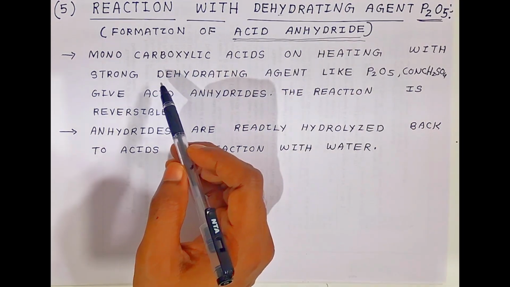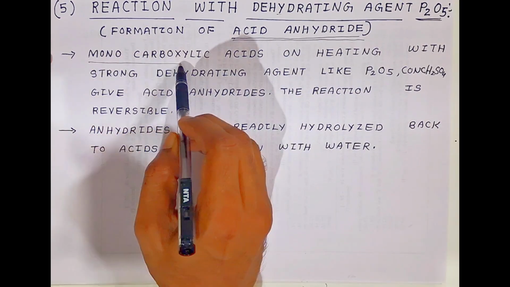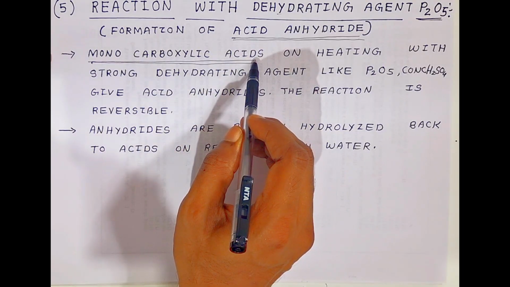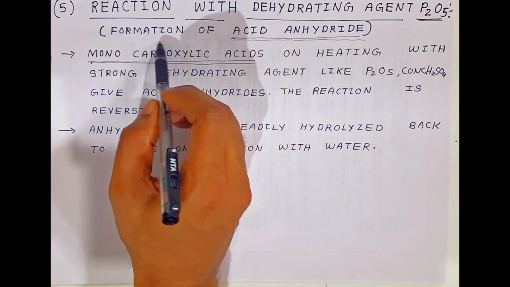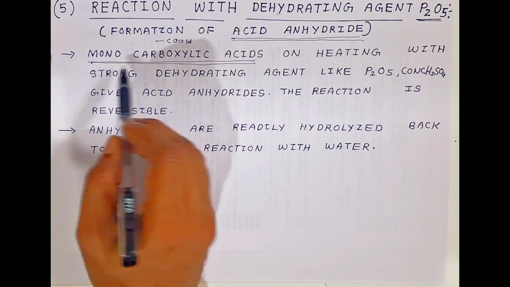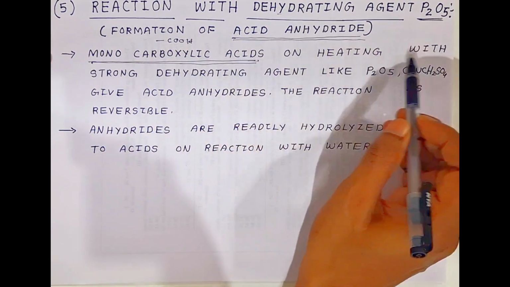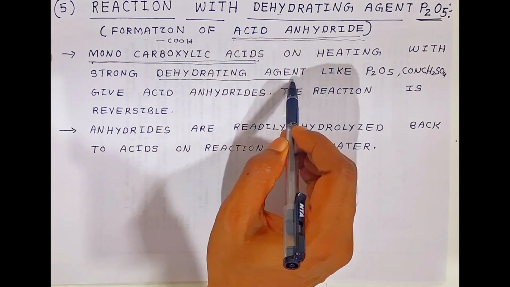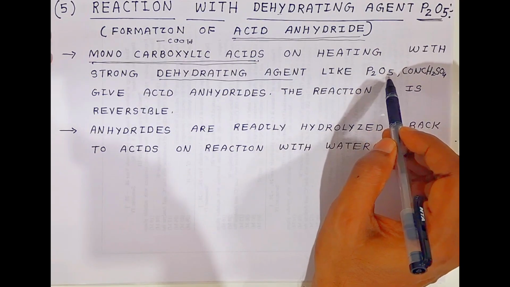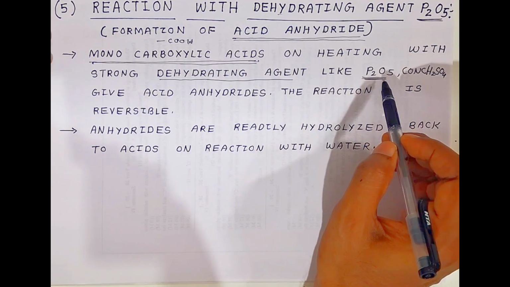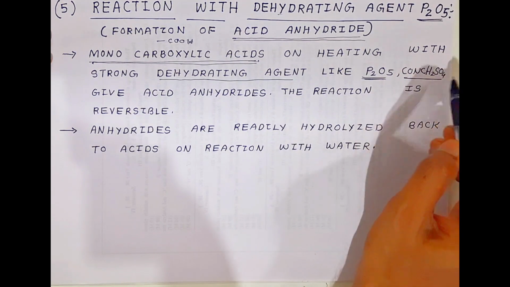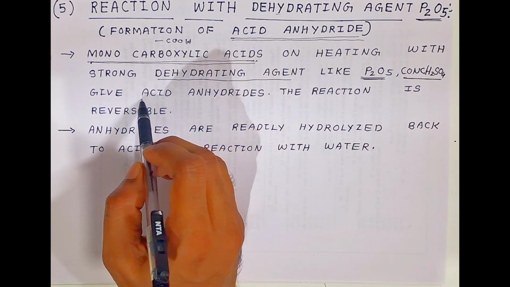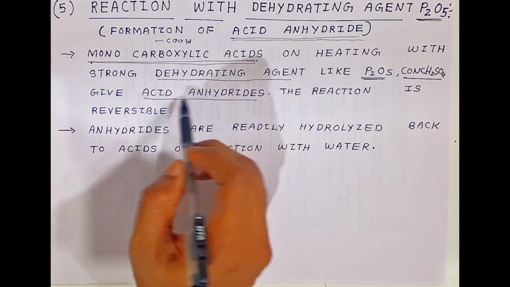Now, monocarboxylic acid, which contains only one acidic group, is called monocarboxylic acid. On heating with a strong dehydrating agent, phosphorus pentoxide being very important, or if you don't have phosphorus pentoxide, you can also use concentrated sulfuric acid, the carboxylic acid forms acid anhydride.